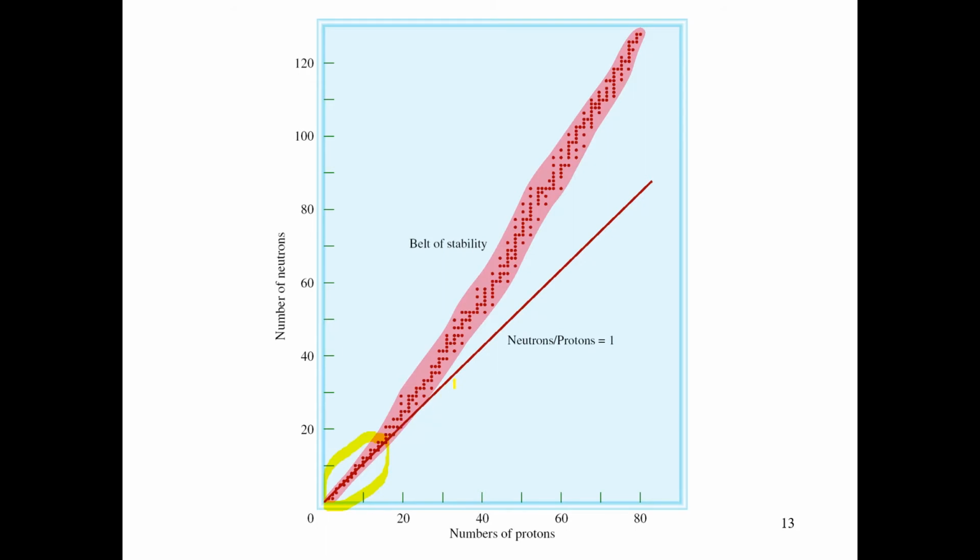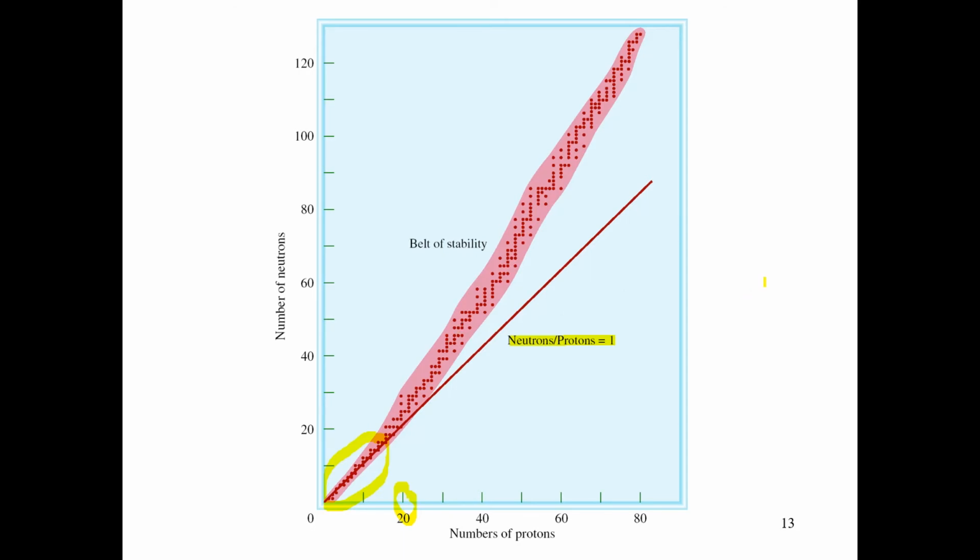This is the line that represents a ratio of 1-to-1 of neutrons versus protons. But notice that right around atomic number 20, above that, the stable isotopes actually fall in a range where the ratio of neutrons to protons is larger than 1.